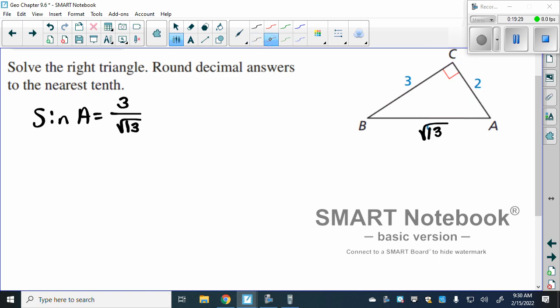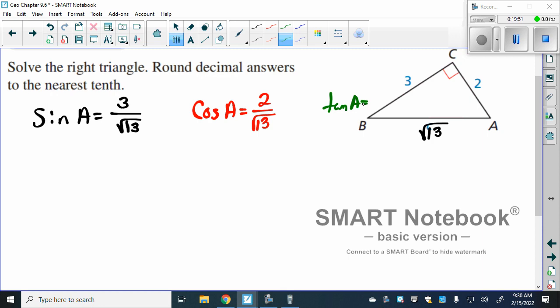Could we use cosine to find angle A? Because it'd be the adjacent side over the hypotenuse, yes? Could I use tangent of angle A to find the measure of angle A?